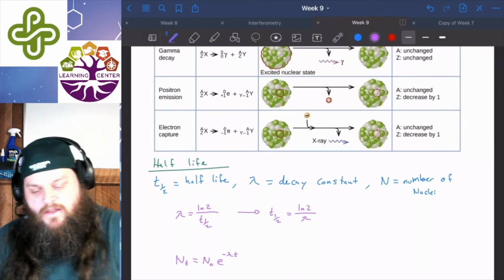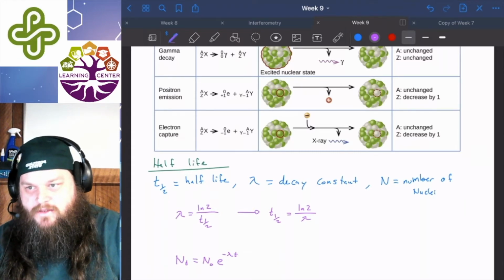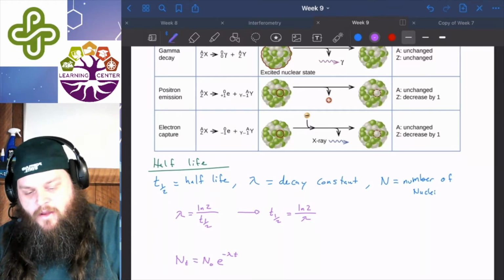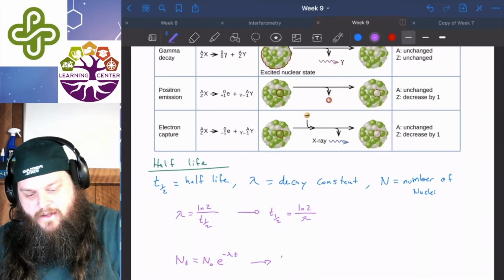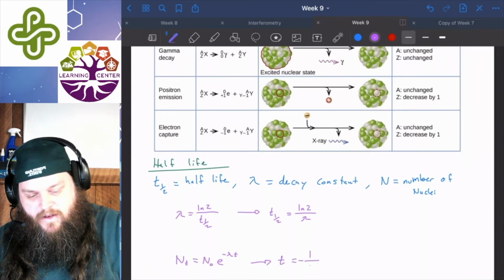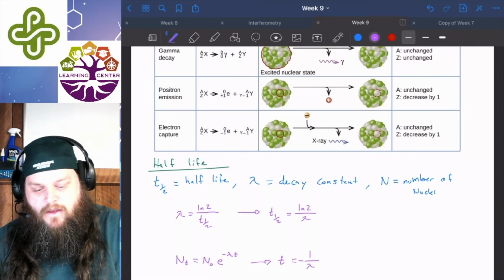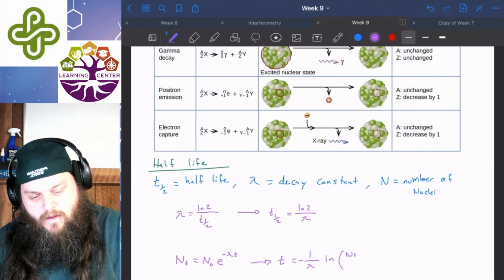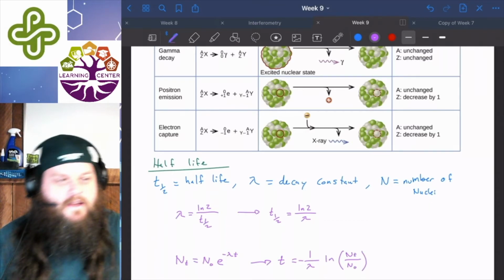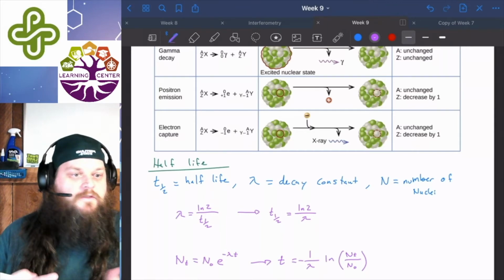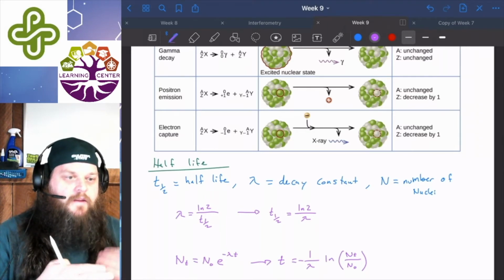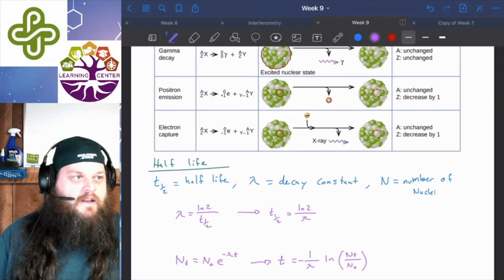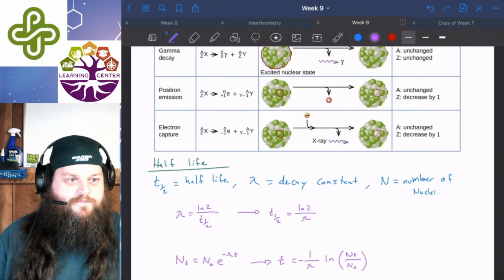It varies depending on the compound or element we're talking about. And using this relationship, we can plug things in a little bit. We can solve this to find out the time that it would take, which is equal to the negative 1 over the decay rate times the natural log of the ratio N_t over N_0. So the number of particles we have at time t, divided by the initial number of particles that we had.